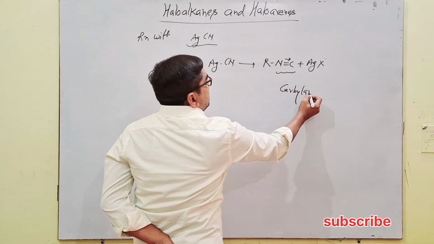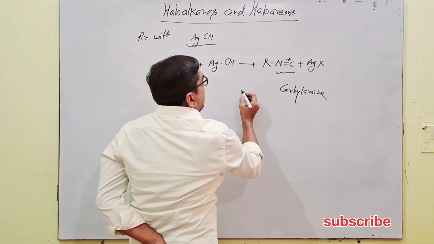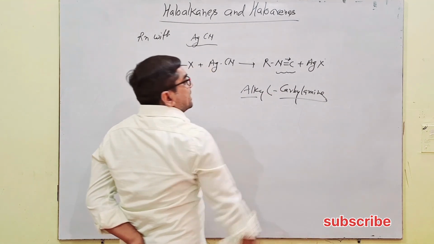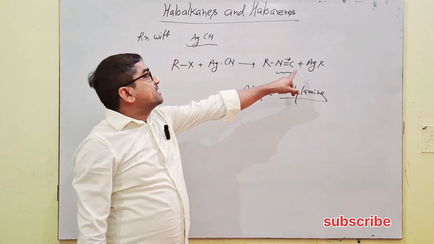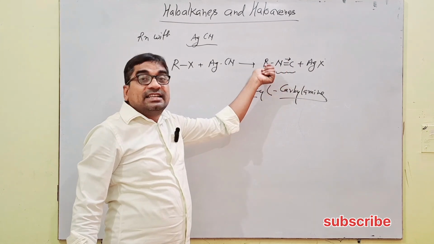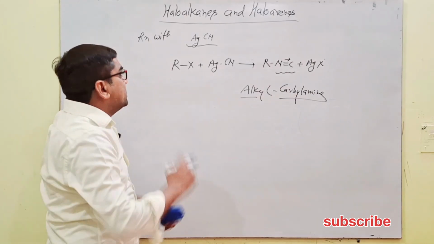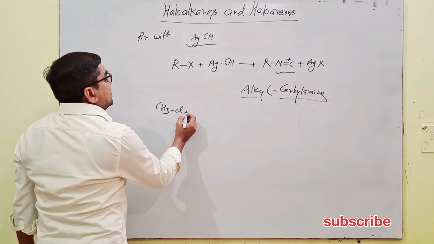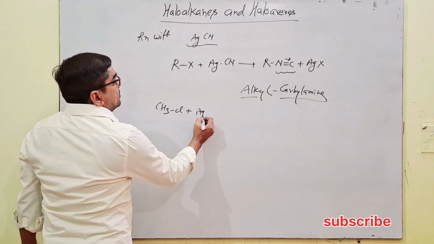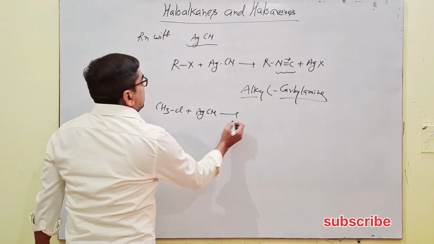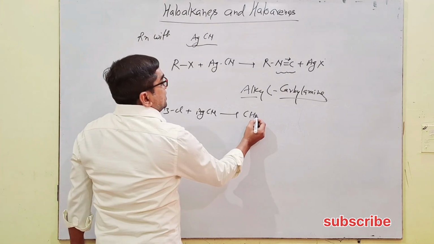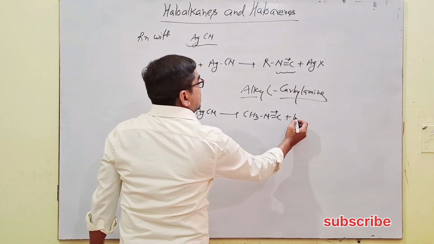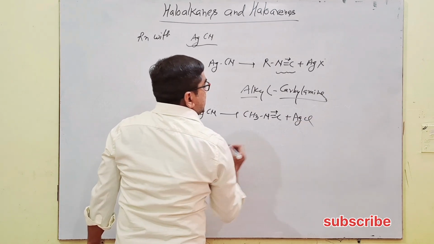In the IUPAC name, carbylamine, and this is alkyl, so the name will be alkyl carbylamine, and its carbon is not included in the longest carbon chain. ये रूल्स में डिस्कस कर चुके हैं. Like CH3Cl reacts with silver cyanide, then formation of CH3NC with elimination of AgCl.